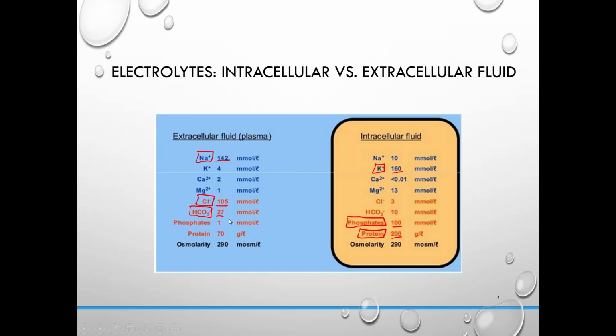So what produces the overall positive charge outside of the cell would be predominantly the sodium, and the negative charge outside of the cell is the chloride and bicarbonate. While inside of the cell, the positive charge is regulated by that potassium concentration, and the negative charge is regulated by the phosphates and these proteins, which have a negative charge.